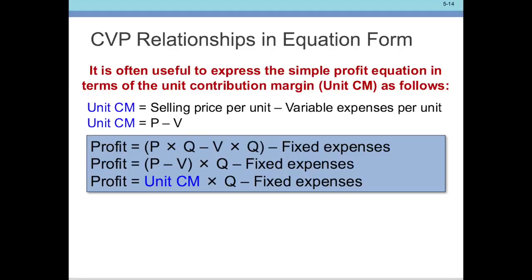It's simply P minus V times Q, or the unit contribution margin. The price of 1 unit minus the variable cost of 1 unit is the unit contribution margin, and we multiply that by the units to get the total contribution margin. And of course, now we subtract out our fixed expenses, and we get total profit.